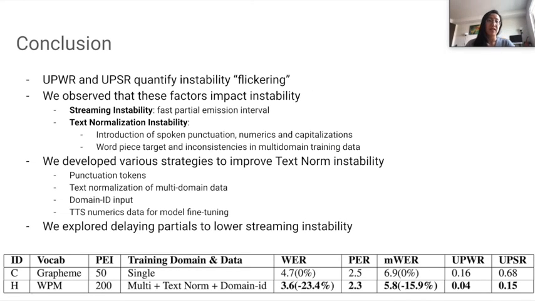To conclude, in this presentation, we first defined instability in terms of 2 metrics, UPWR and UPSR. They quantify instability in terms of its severity and frequency. We further analyzed instability in our dataset and classified instability in terms of streaming instability or text norm instability.